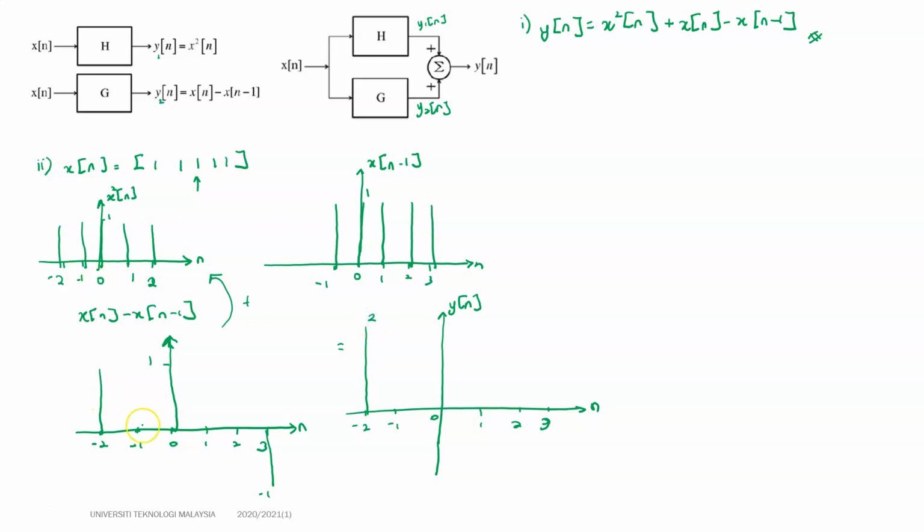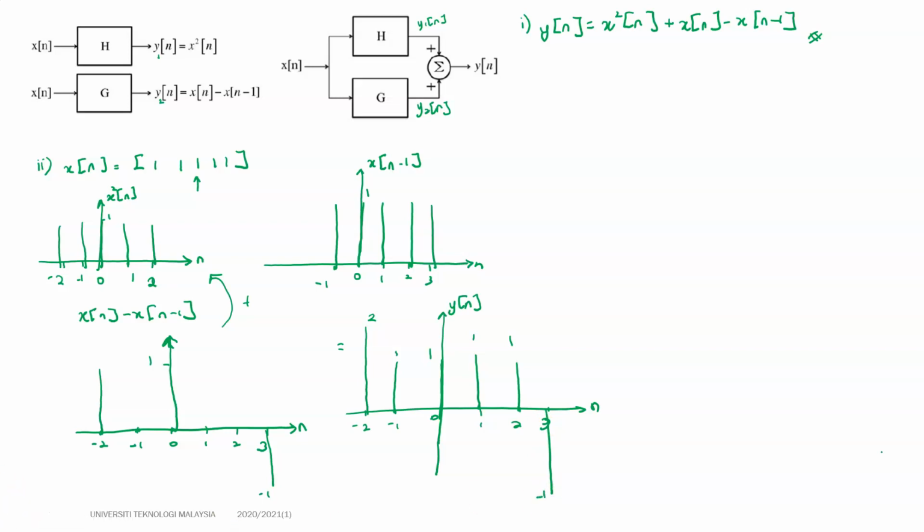And 1 plus 0 is 1, 1 plus 0 is 1, 1 plus 0 is 1, and then 0 plus -1 is -1.